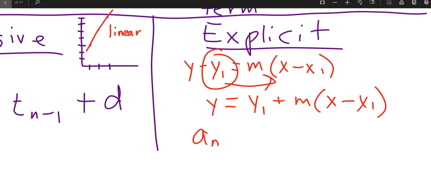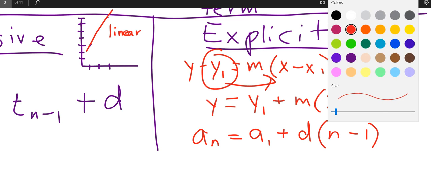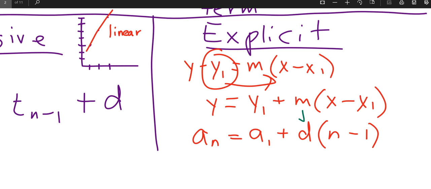Well, it's going to look a little like this: a sub n equals a sub 1 plus the common difference d times n minus 1. Just as a walk down memory lane, hopefully you get the idea that the slope of the line and the common difference are the same. Hopefully you understand that the y1 and the first term are the same.